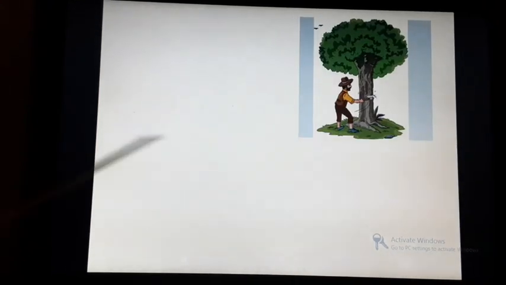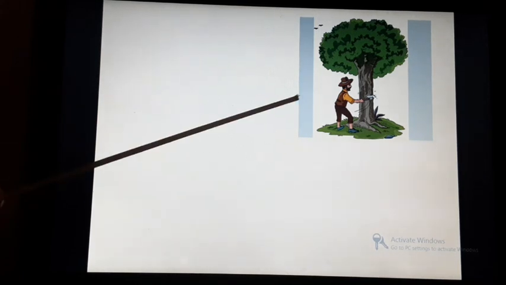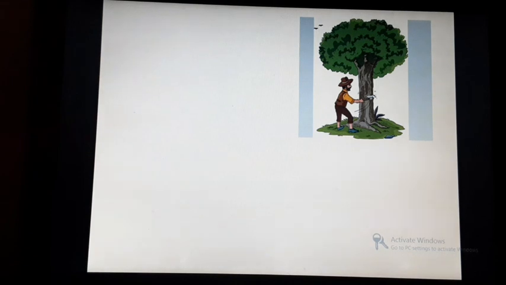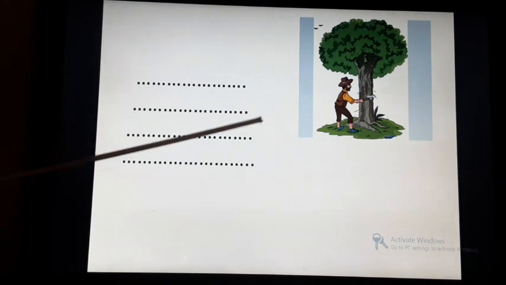Okay, let's proceed. Question 2. What are you seeing in this image? When you look critically, the answer could be a man is cutting a tree, or a man is cutting a tree using an axe.